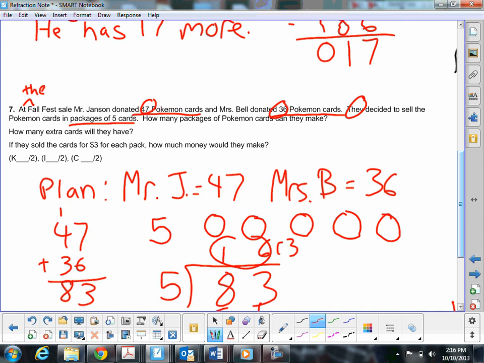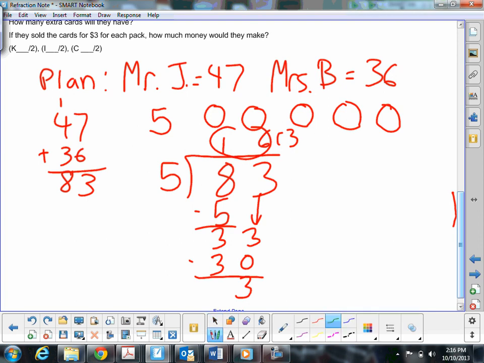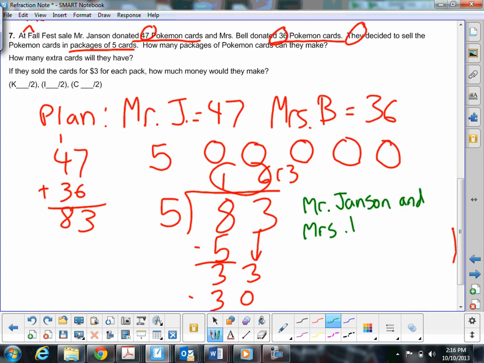So as a sentence, you could write: Mr. Jansen and Miss Bell have 83 cards. They had how many packs? 16. 16 packs.